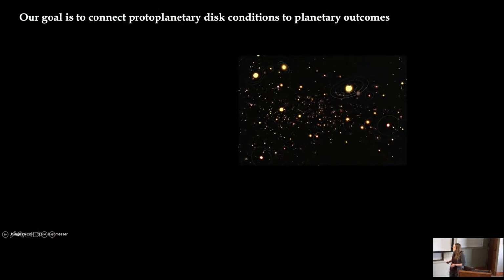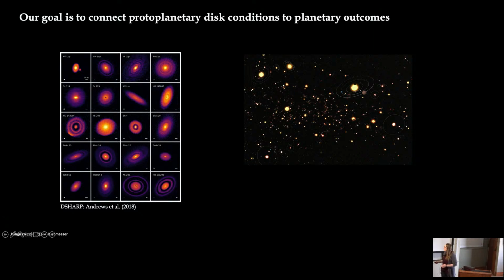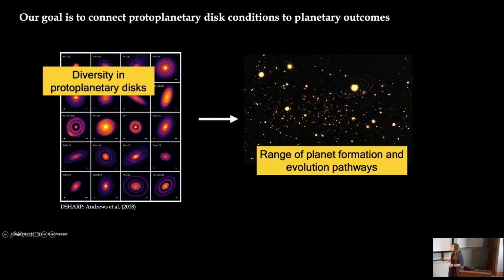At the same time, during the earlier stages, during the protoplanetary disk phase, we also see a wide variety of diversity within protoplanetary disk structures. And so our goal is to understand how this diversity in the early planet forming stages leads to different planet formation and evolution pathways that can explain the range of different exoplanetary systems that have been observed.